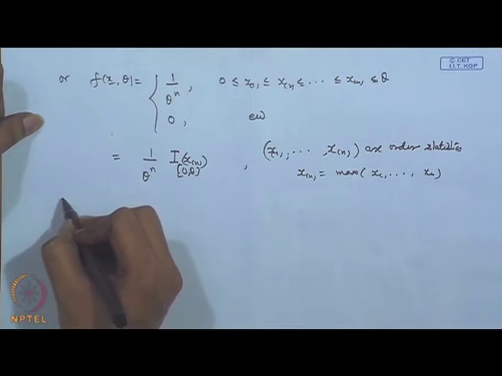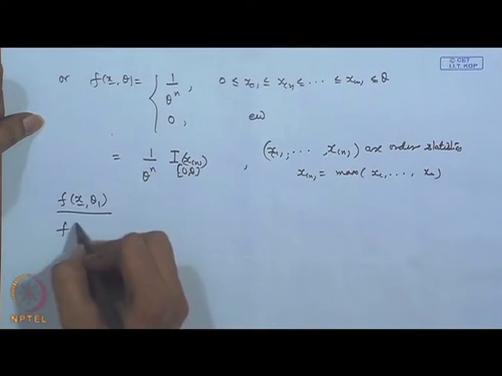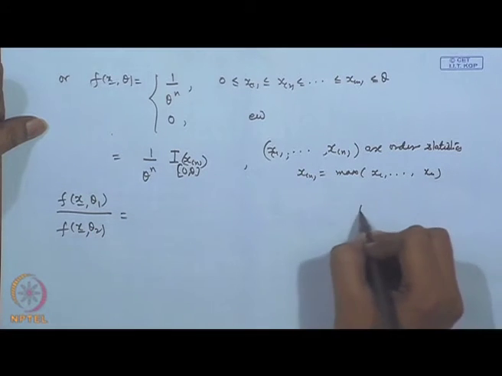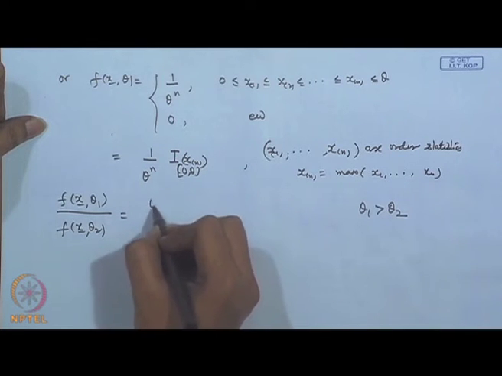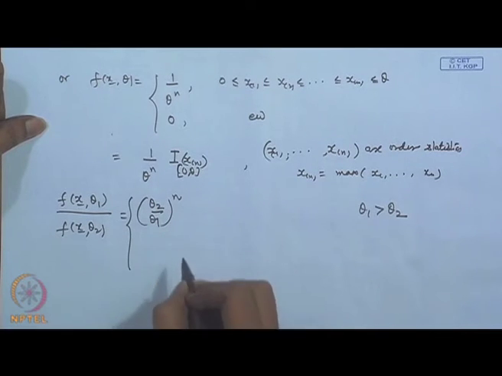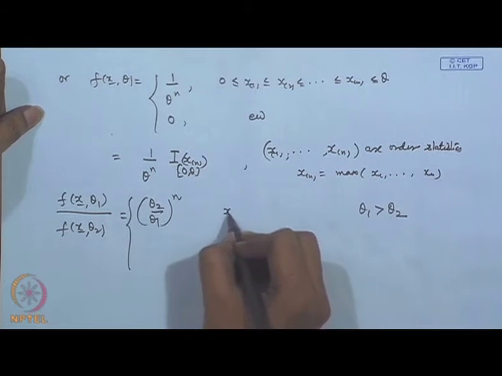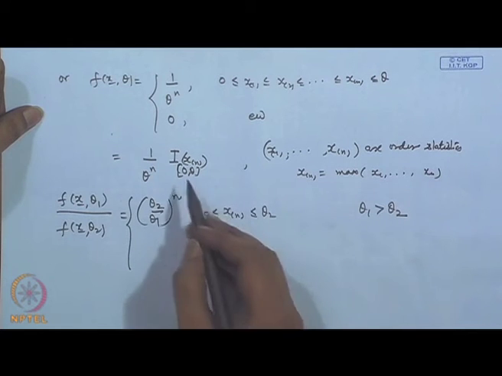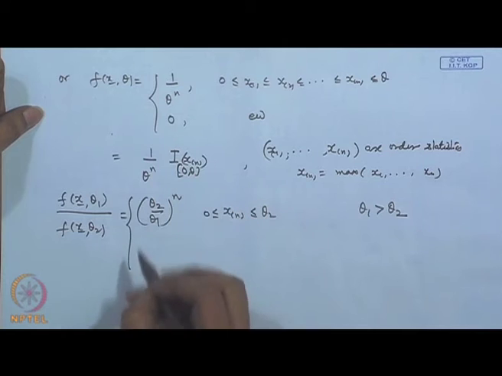So, if I consider f(x, theta 1) divided by f(x, theta 2), taking theta 1 greater than theta 2, then this ratio becomes theta 2 by theta 1 to the power n times the ratio of the indicator functions. If x(n) is less than or equal to theta 2, then both the densities are valid and the indicator ratio is 1.